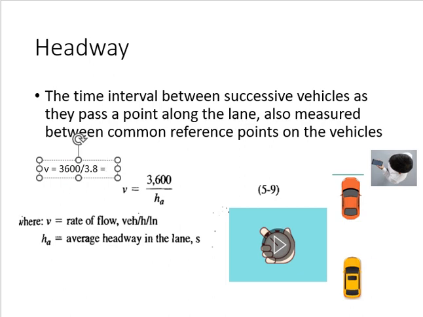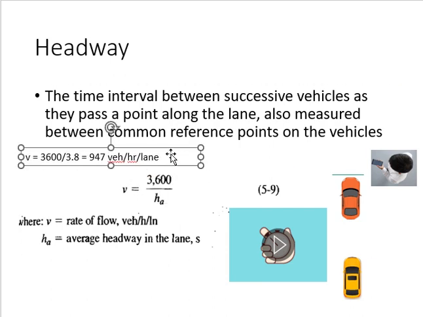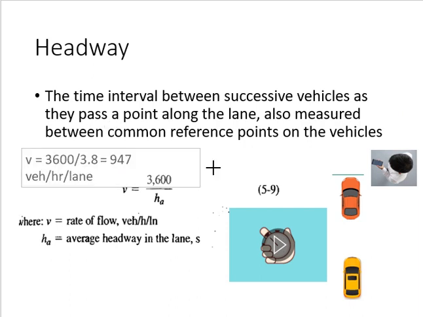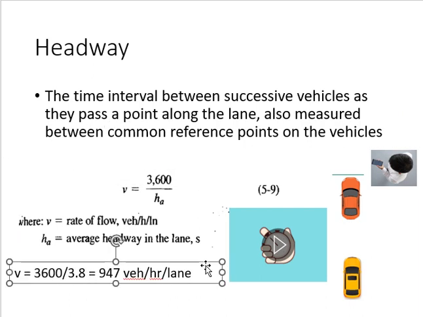How much? Again, you can see the units: vehicles per hour per lane. The rate of flow is always per hour. That's why we call it the rate, the hourly rate. And per lane, why? Because headway, again, cannot be between two lanes.